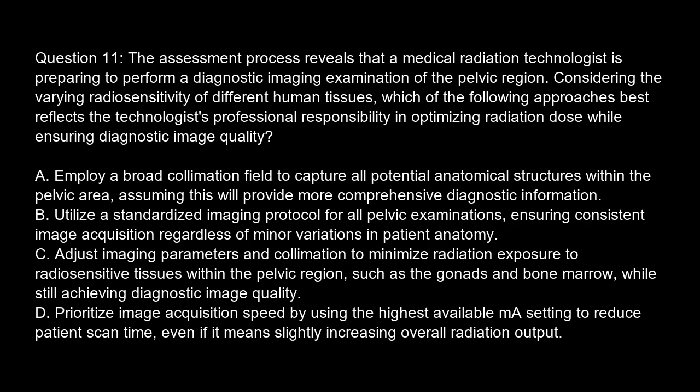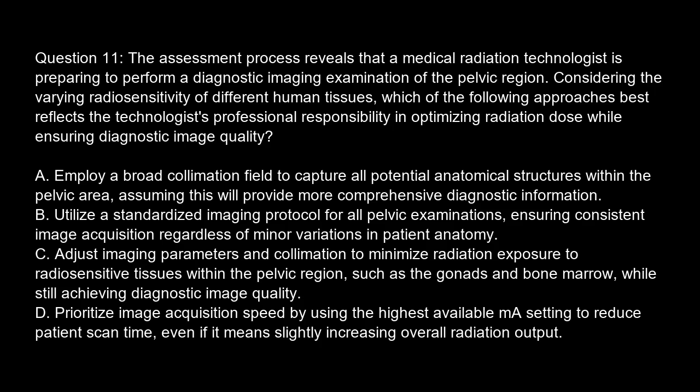Option A. Employ a broad collimation field to capture all potential anatomical structures within the pelvic area, assuming this will provide more comprehensive diagnostic information. Option B. Utilize a standardized imaging protocol for all pelvic examinations, ensuring consistent image acquisition regardless of minor variations in patient anatomy.